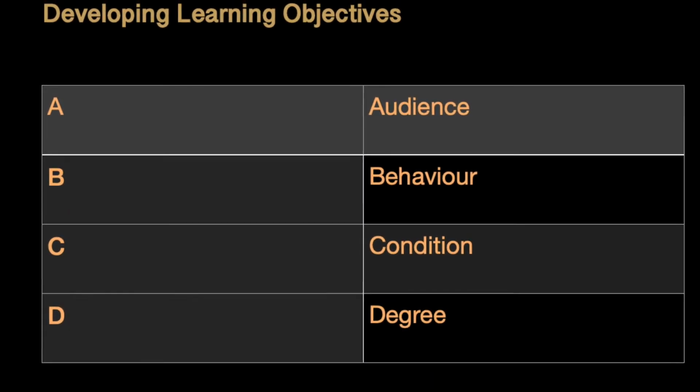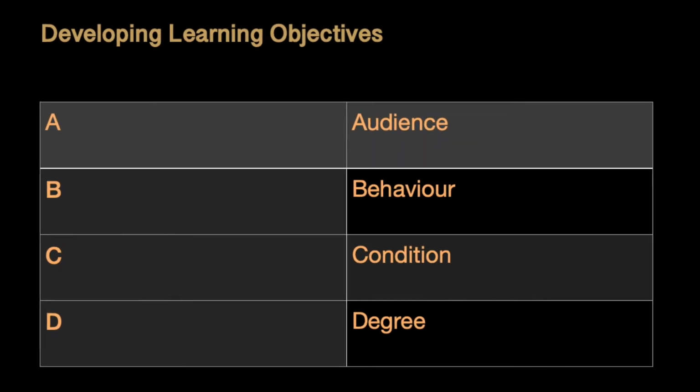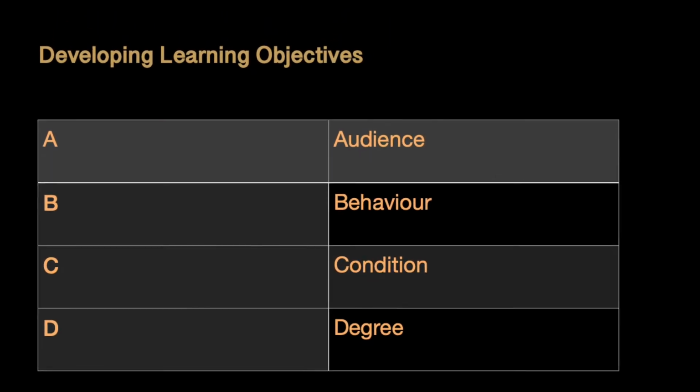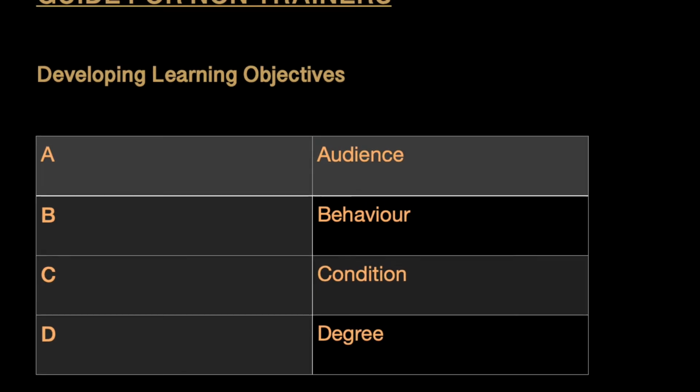Which brings me to the topic of the day, how to set effective learning objectives, which can also be explained with an acronym, A, B, C, and D. While you're setting your training objectives, you need to follow an ABCD method, where A stands for audience, B for behavior, C for condition, and D for degree.